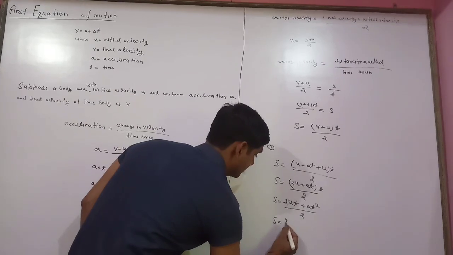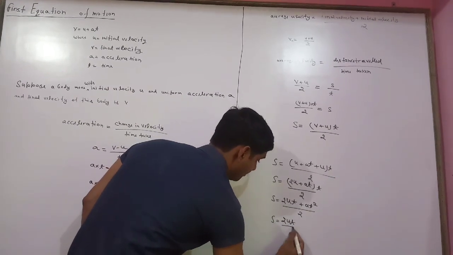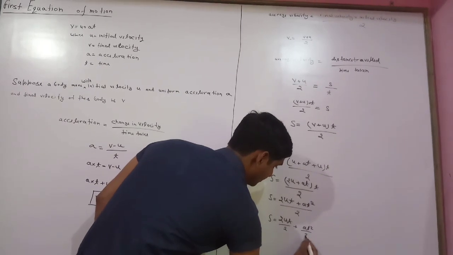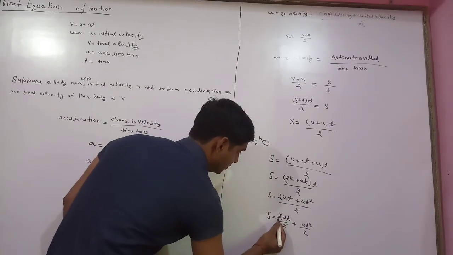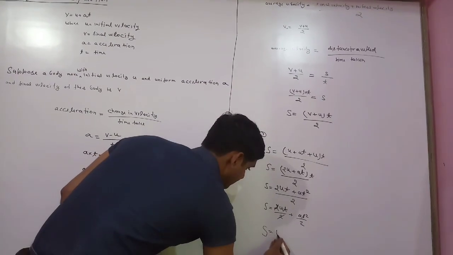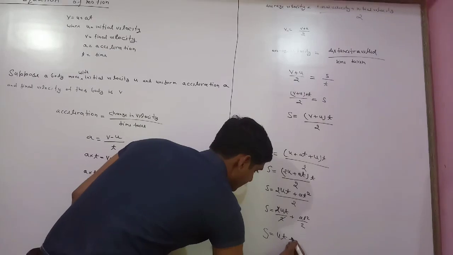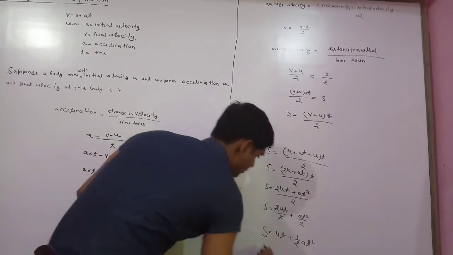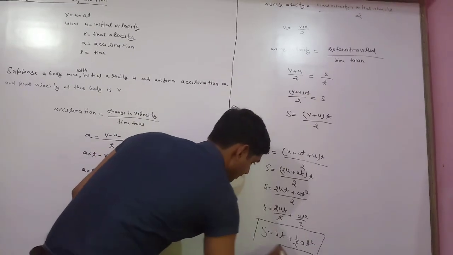After solving this, 2u upon 2 and at square upon 2, the 2 is cancelled out. So after that, s = ut + half at square.